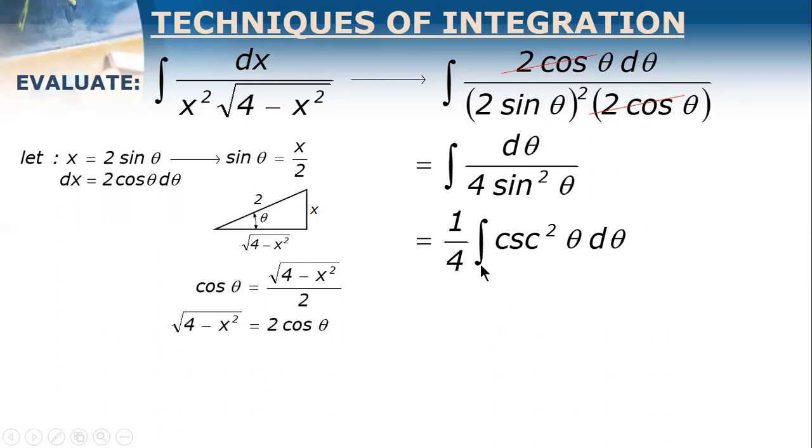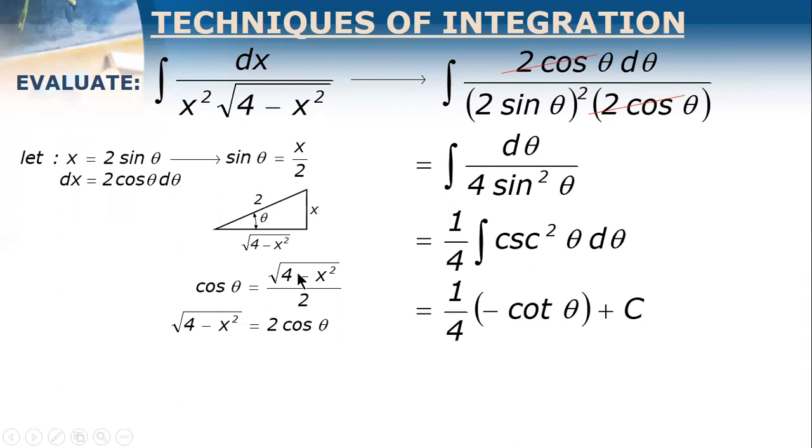Now this one is a standard form. Integral of cosecant squared theta is negative cotangent. So the result is 1/4 times negative cotangent theta plus C. But what is cotangent theta? Cotangent is adjacent over opposite, since it is the reciprocal of tangent.